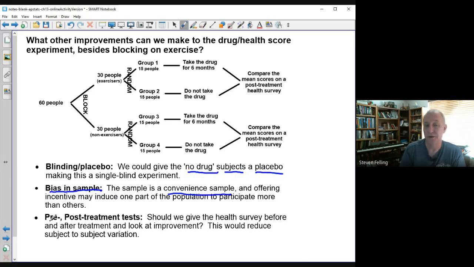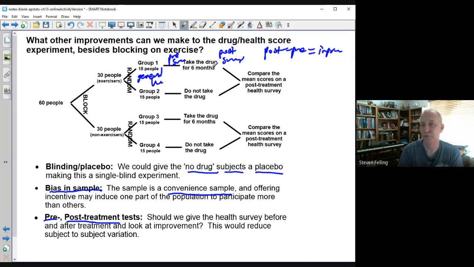And then one thing that you might think is, why am I only giving this test once? People have another factor that we're removing with randomization, but it's still present in the output, is that we have just general health, right? There's differences in general health. So what if we were to first have the people take a pre-survey and then take the survey over again, and then we could take post minus pre to find the improvement for every individual person.